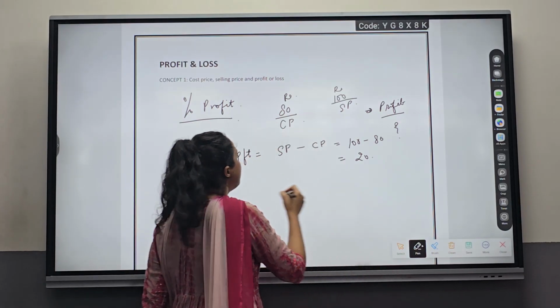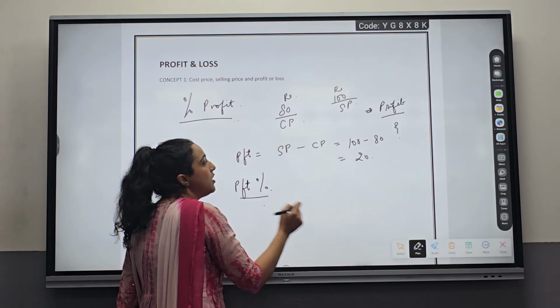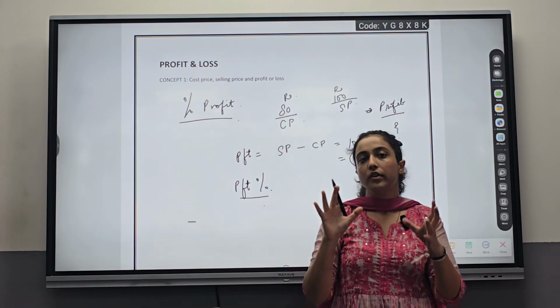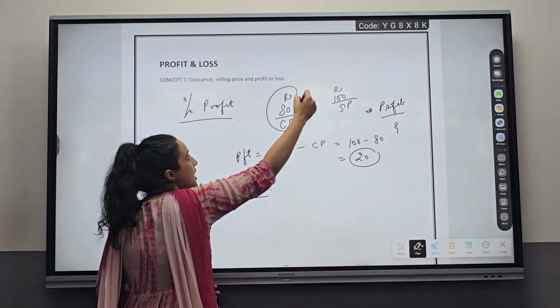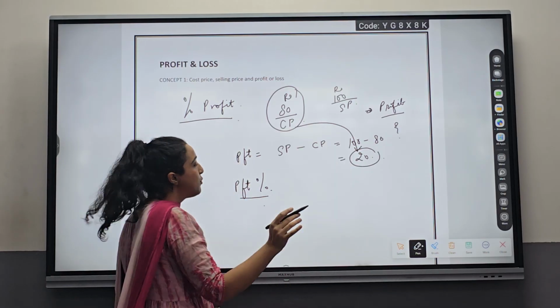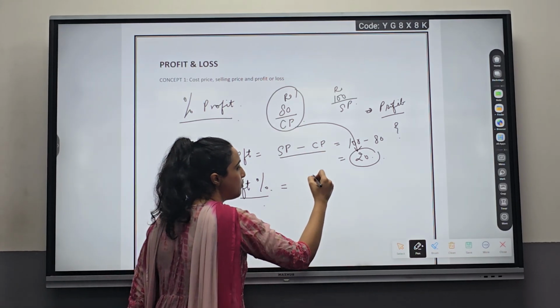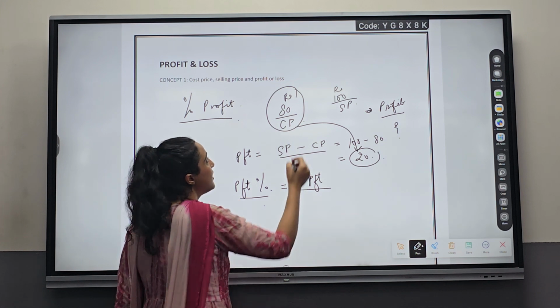Now to find out what is the profit percentage, this 20 rupees profit you are getting on what amount? You invested something, I purchased something for 80 rupees and I got 20 rupees profit on it. So my profit percent will be selling price minus cost price, that is profit, divided by my investment. What was my investment?